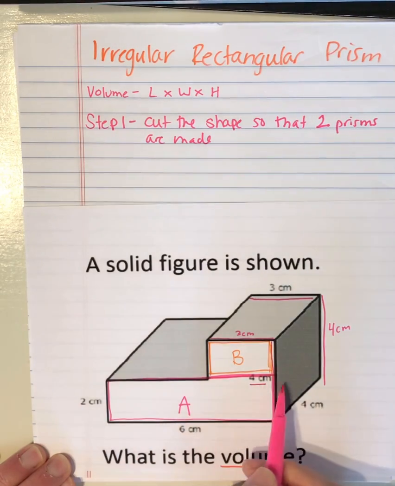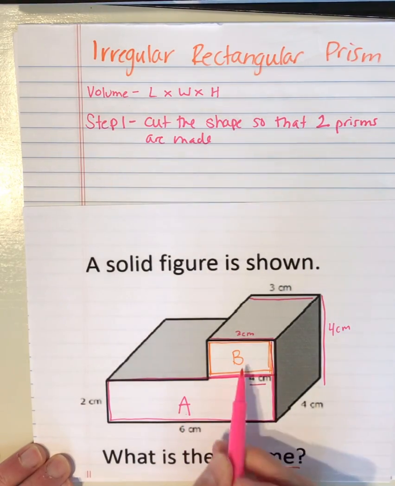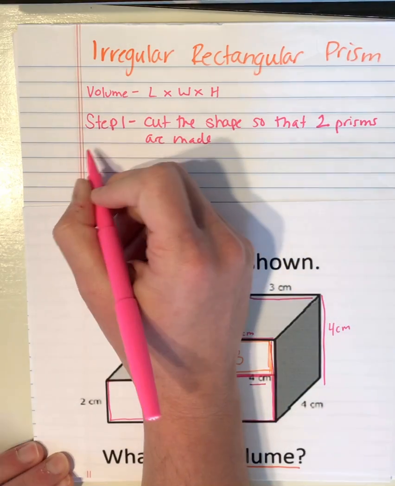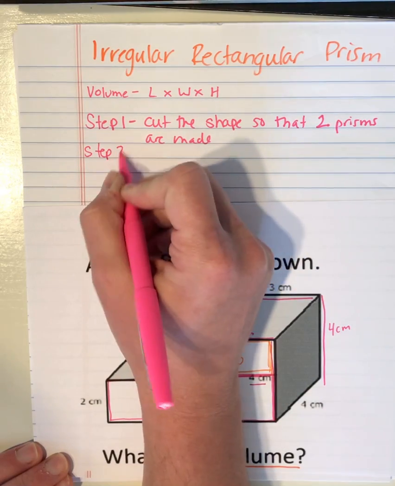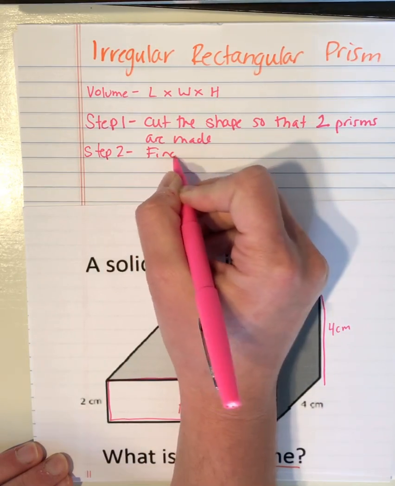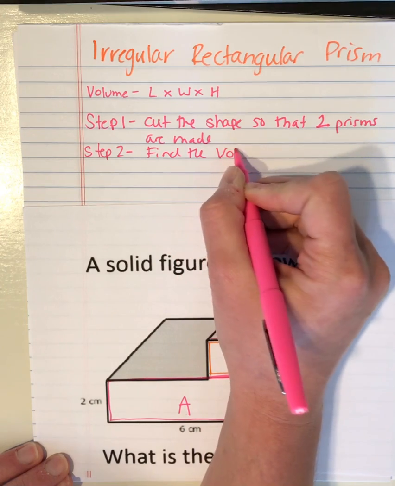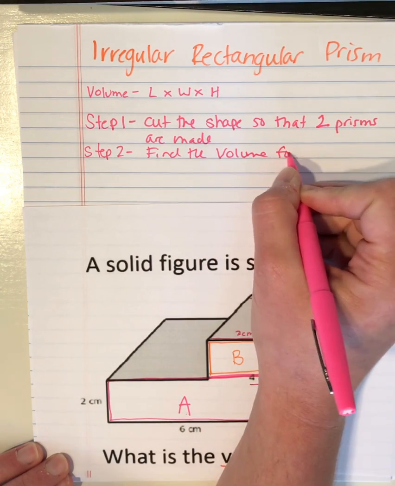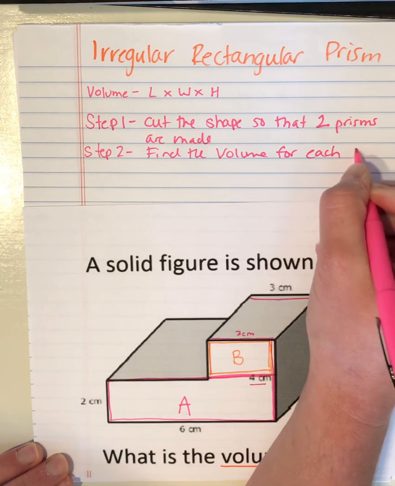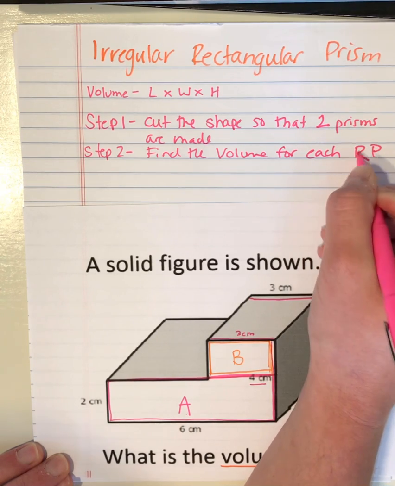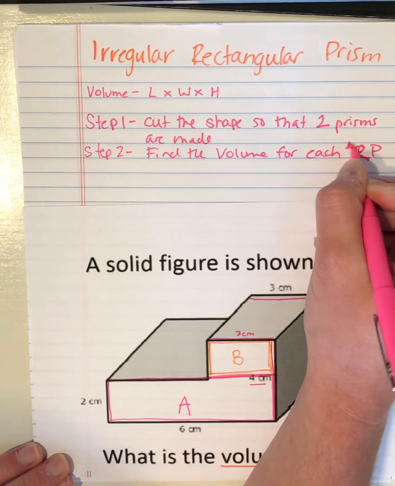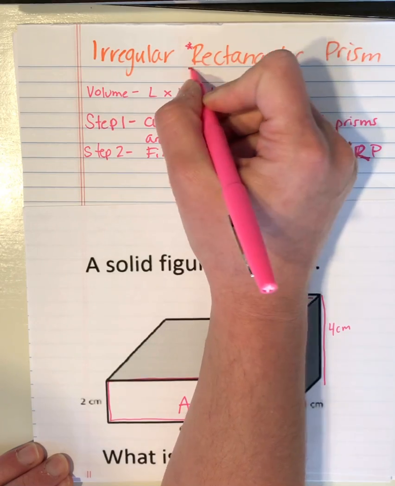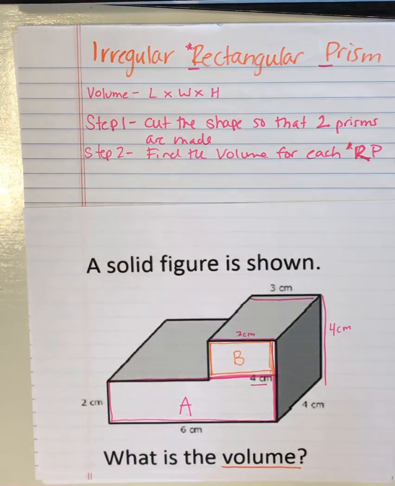So I made that cut straight across, so now I have rectangular prism A and rectangular prism B. Step 2 is find the volume for each rectangular prism, okay? I'm just gonna abbreviate that with RP.